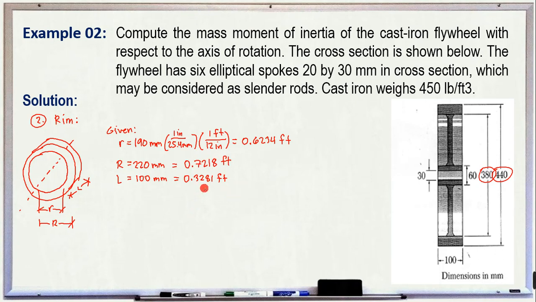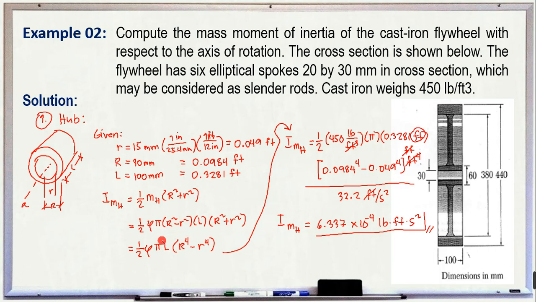Next, we're going to use the formula, the same formula for a hollow cylinder. The moment of inertia of our rim is equal to 1/2 times the mass of the rim times r squared plus r squared.